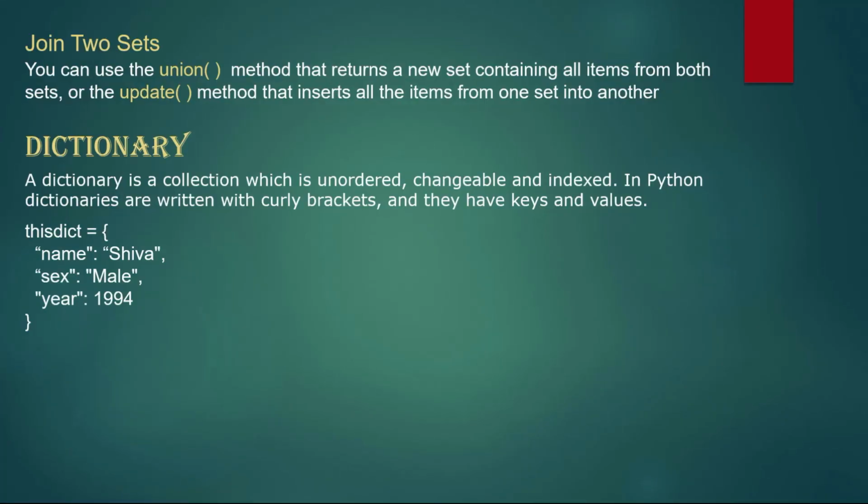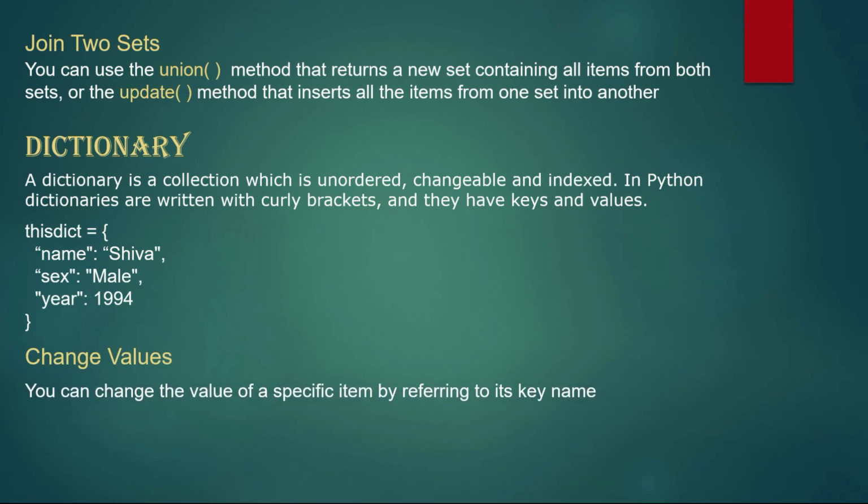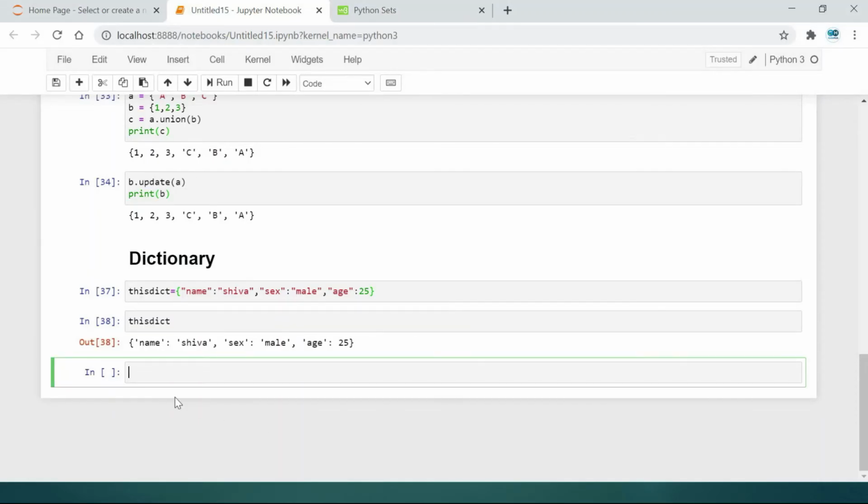And we have to change the values. You can change the value of a specific item by referring to its key name. Dictionary is changeable and indexed. Let's see how to change it. I want to change the name value. How?